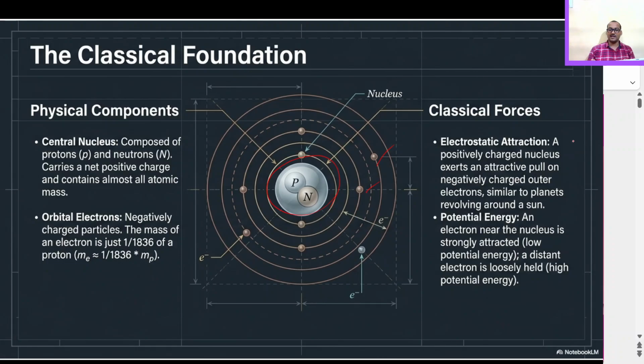So the electrostatic attraction: the nucleus is positively charged and exerts an attractive pull on the negatively charged outer electrons, similar to the planets revolving around the sun. So the potential energy: an electron near the nucleus is strongly attracted, having a low potential energy, and a distant electron is loosely held, so it would have high potential energy.